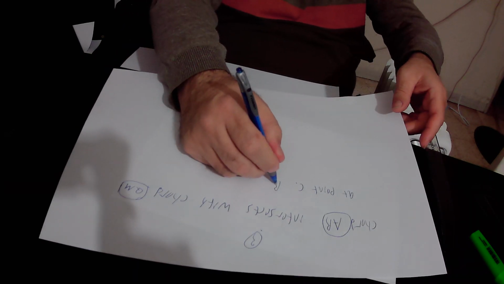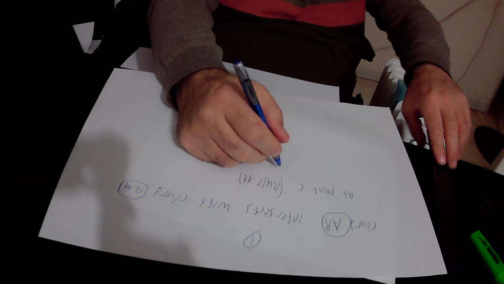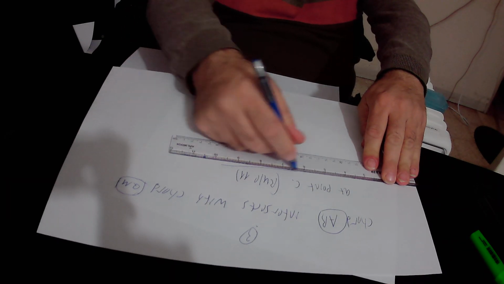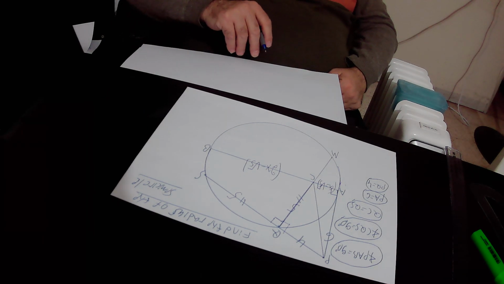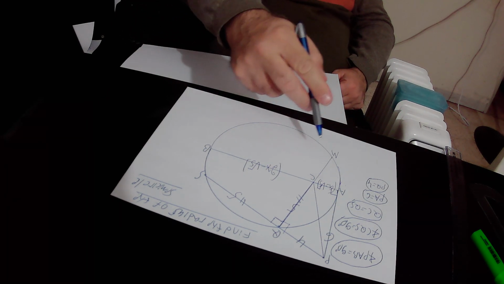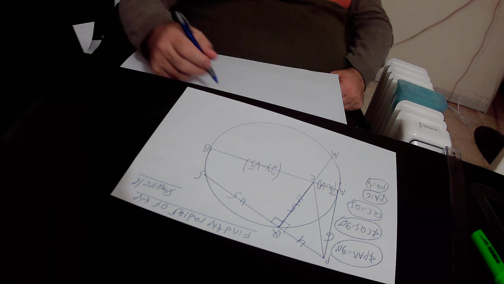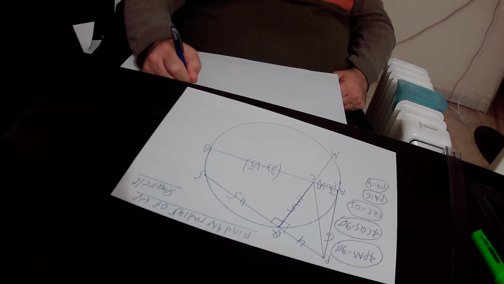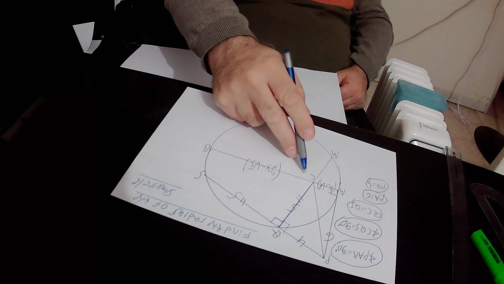Therefore, according to rule number 11, we can implement it, because we have two chords that intersect with each other. So according to rule number 11, AC times CB equals QC times CM.